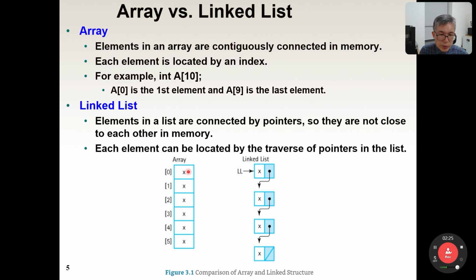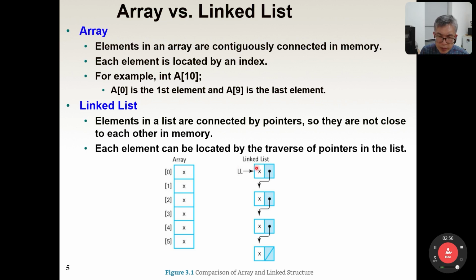Each item is located by an index: 0, 1, 2, 3, 4, 5. Index 0 means the first one, and this one is the sixth one. If we declare an integer array with length 10, A0 is the first element and A9 is the last element.